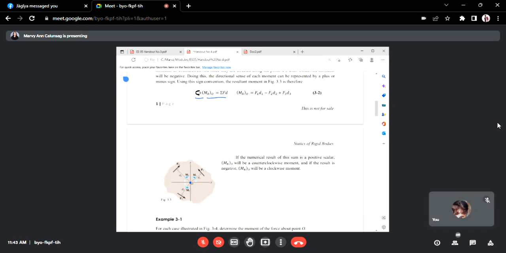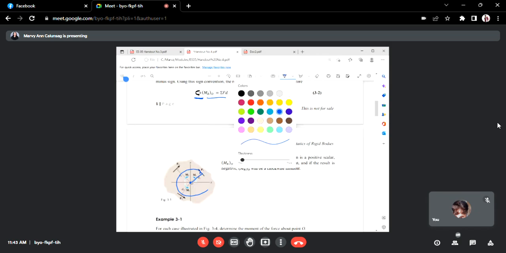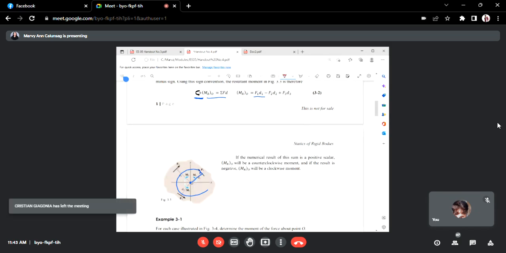For F1, the moment arm is D1. So F1 D1 is positive because the rotation of F1 is counterclockwise, and since we consider counterclockwise rotation as positive, F1 D1 is positive. Next, F2. What is the rotation of F2 about point O?